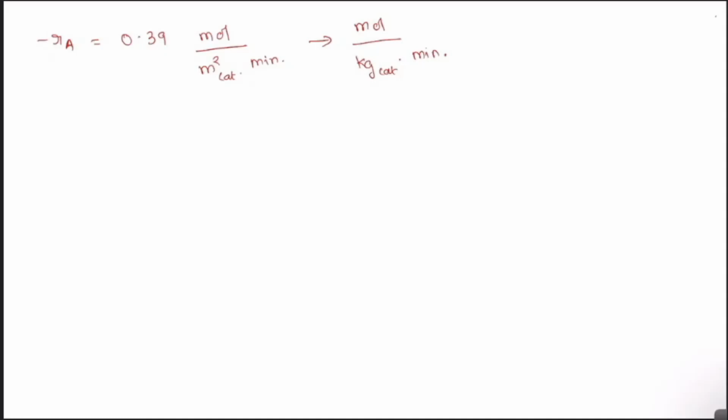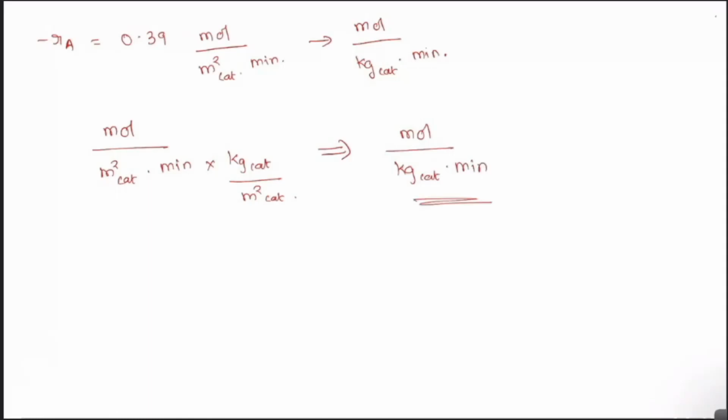Let us just write the units: mole per meter square catalyst per minute. Now if we multiply this by kilogram catalyst and then divide it by meter square catalyst, then we get the new unit as mole per kilogram catalyst per minute, right? Because the meter square catalyst terms get cancelled.